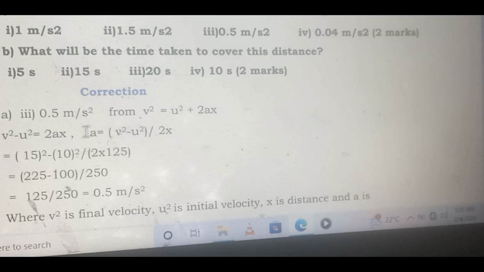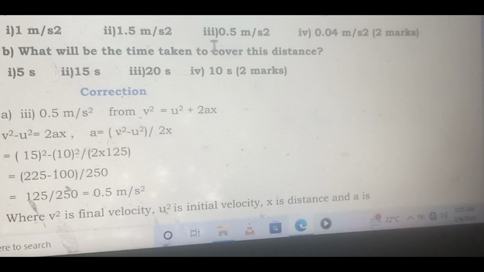Step by step, you see that acceleration equals final velocity squared minus initial velocity squared over 2 times distance. You see these steps, and the final solution for acceleration is 0.5 meters per second squared.